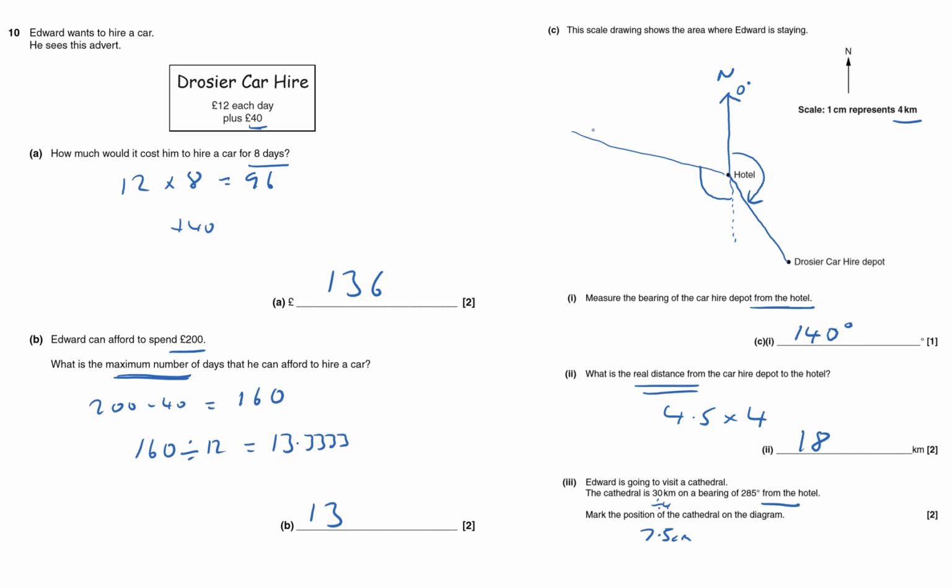And then I have to measure 7.5 centimetres, and it's somewhere around here. But that distance should be 7.5 centimetres, and the whole angle all the way around there will be 285 degrees. And you're allowed a couple of degrees either side of that. And that's question 10 done.